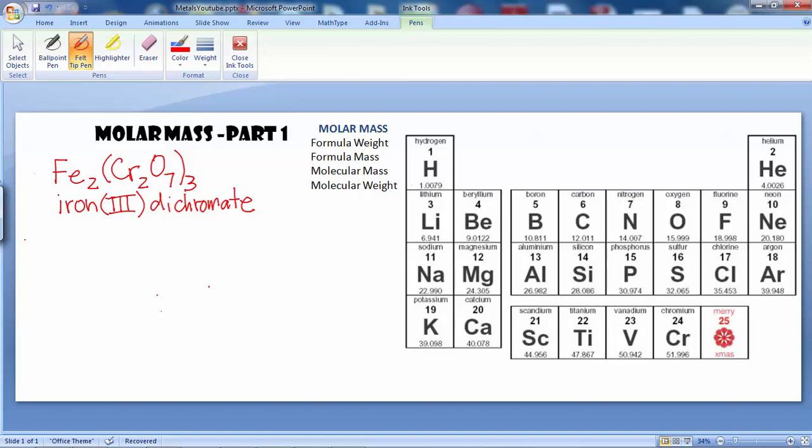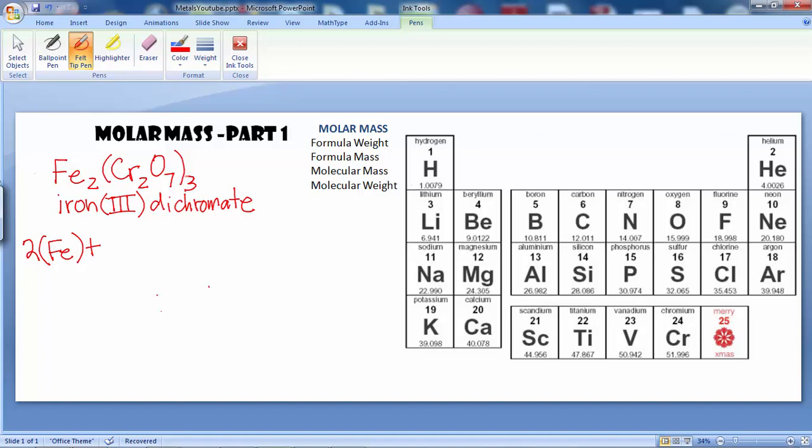So we look at this and we see we have what? 2 iron atoms. Okay? Plus, let's do the chromates. We have a parentheses and a subscript of 2, and a 3 outside the parentheses.